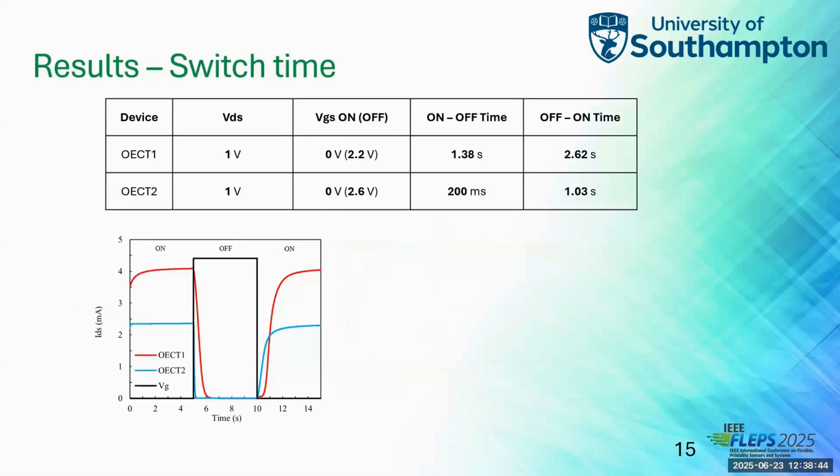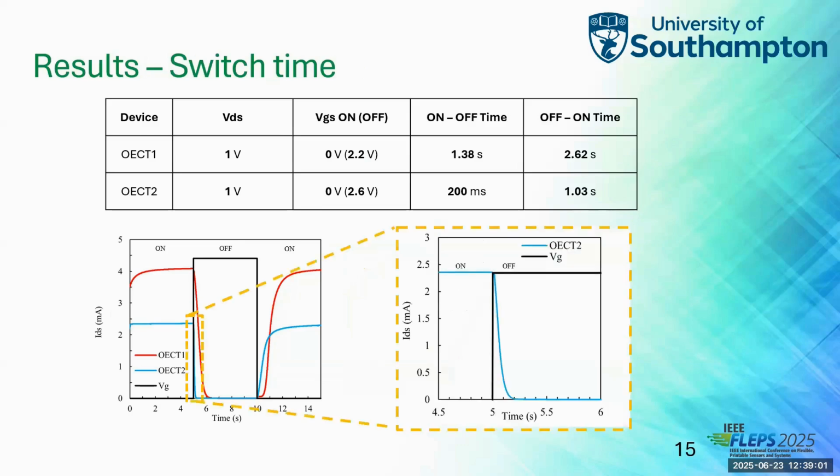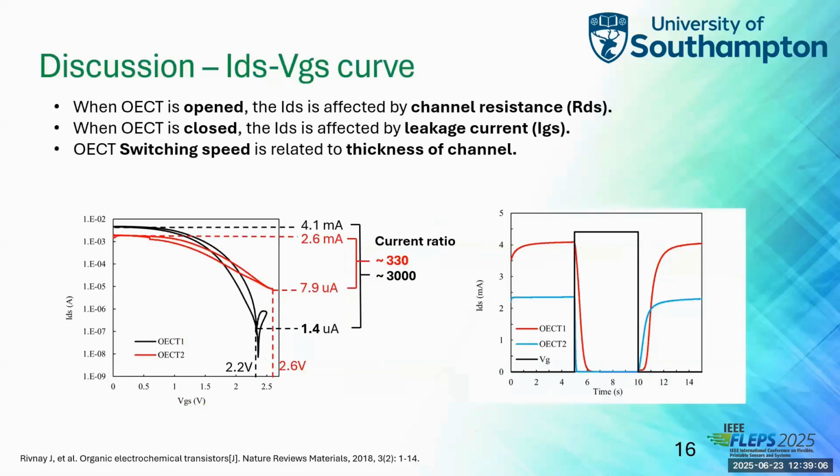And the next is switch time. You can see OECT 1, the red one, has a big IDS, but the switch time is a little bit slow, almost 2 seconds. But the blue one has a lower IDS, but it's very quick, almost 200 microseconds. When the OECT is open, the IDS is affected by the channel resistance, and channel resistance is related to the thickness of the channel.